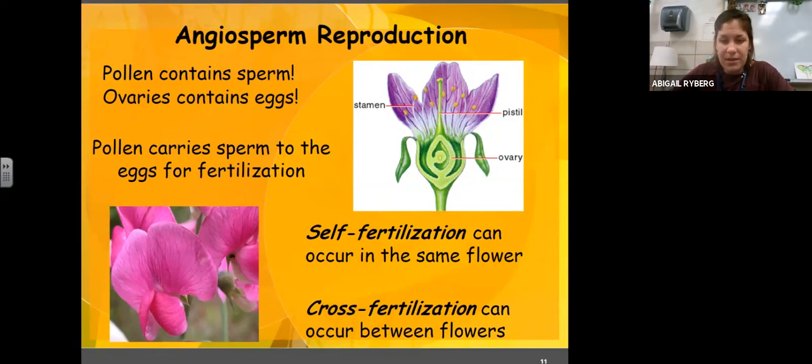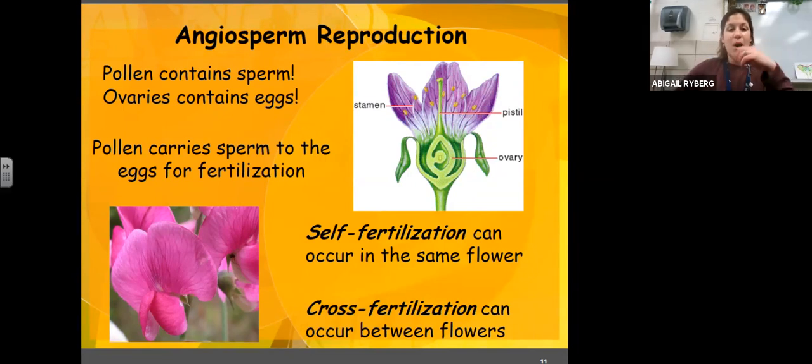They have the long pistil here, and deep down in the little green part that you would almost not even notice is the female ovary. The male pollen needs to make its way down the pistil to fertilize the ovary. That one fertilized ovary is what ultimately is going to grow your apple, for example. So self-fertilization is where the same flower can just fertilize itself.